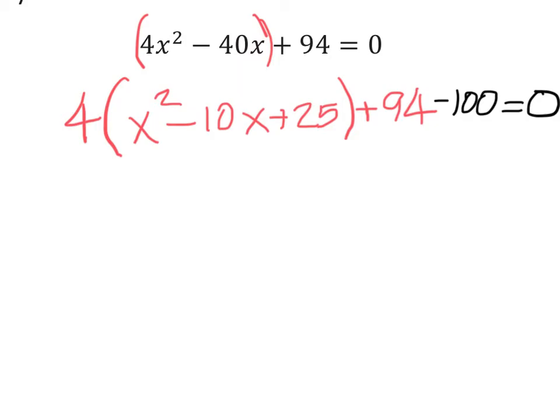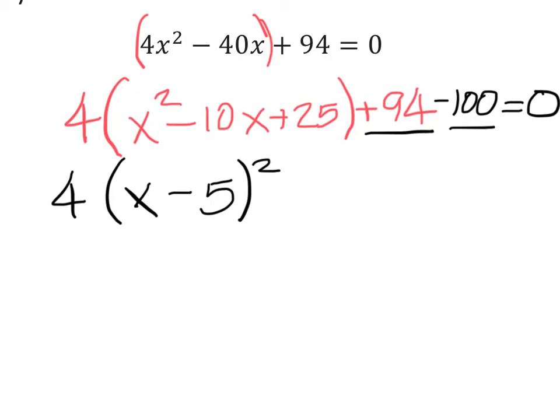Simplify this. X minus half of 10 is 5. Close the quantity and square it. 94 minus 100 will give me minus 6. We need to peel away everything that is surrounding the x in reverse order of operations.